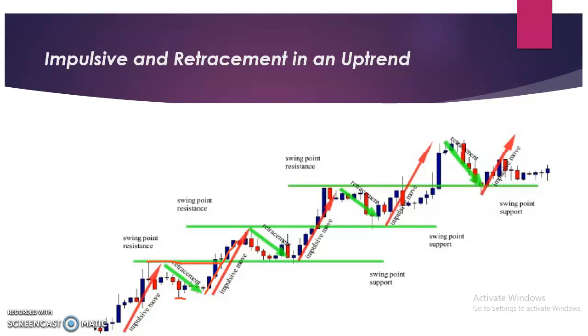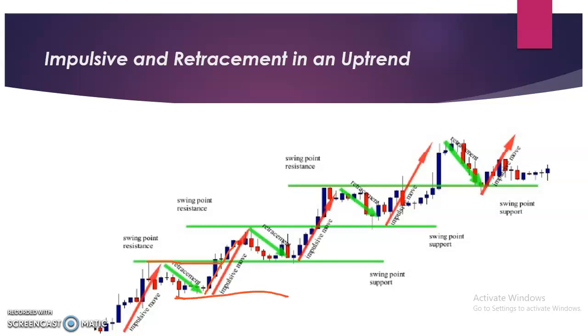To the upside. Why? Because it broke through the former resistance. It got to this particular point and it retraces back. Okay, it retraces to the downside, but it didn't take out this former support. Can you see?